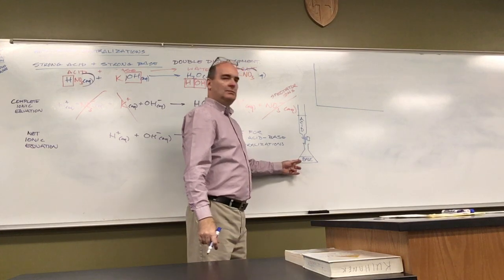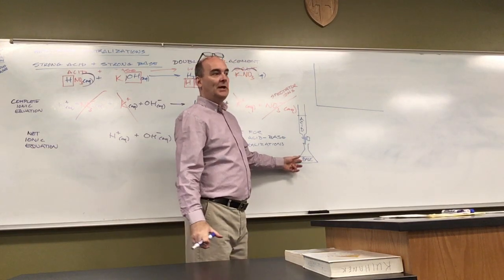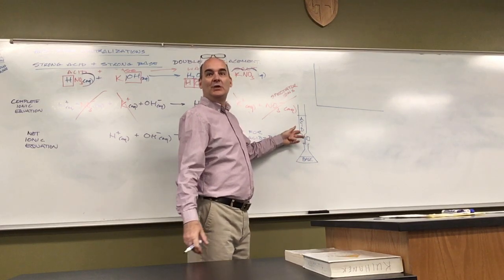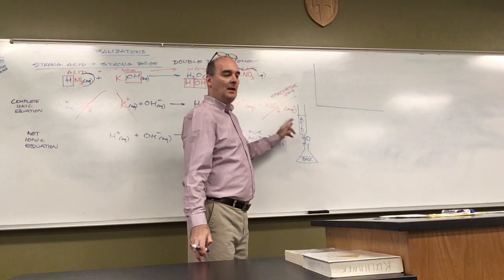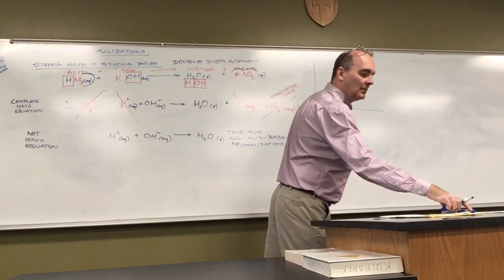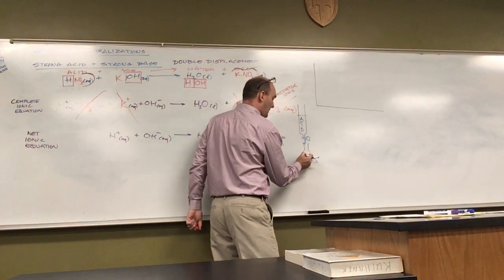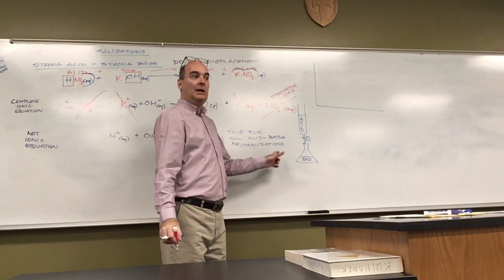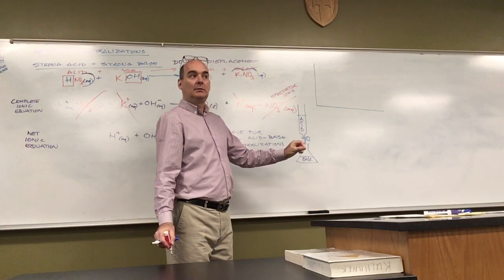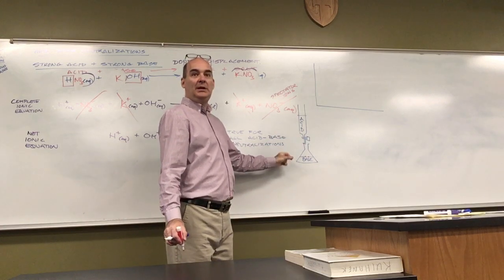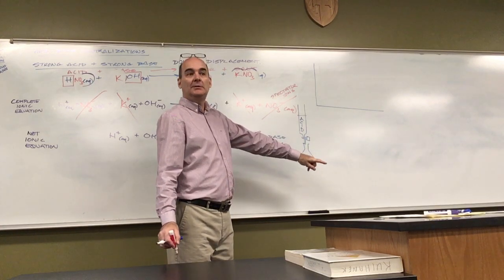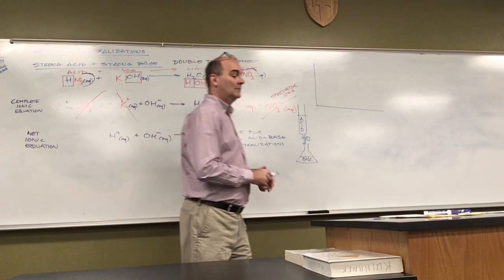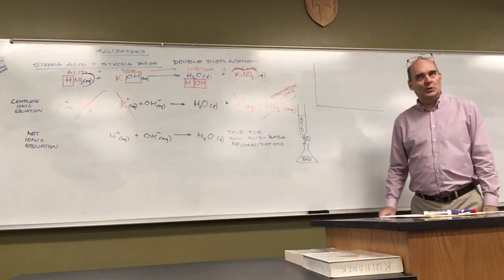And because my potassium hydroxide is a colorless solution, and because my nitric acid is a colorless solution, I would have to add a couple of drops of an acid-base indicator. And that indicator will change color when the solution goes from being basic to acidic. Okay, and I would have to do this thing visually.